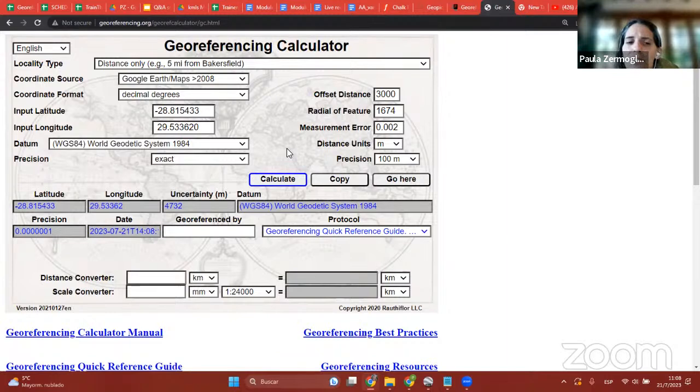What is the factor contributing to this change in the uncertainty when we change the units? Because we all know that 1,000 meters is a kilometer. I mean, we have no doubt about that. Humanity has no doubt about that so far, or more or less. But why is the uncertainty diminishing?